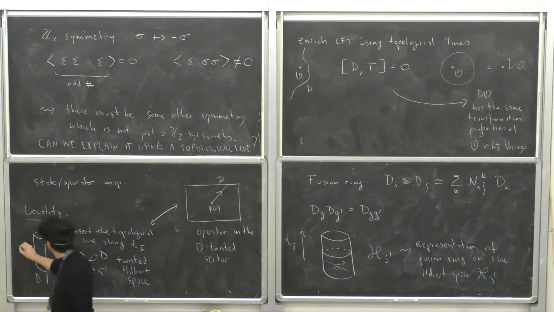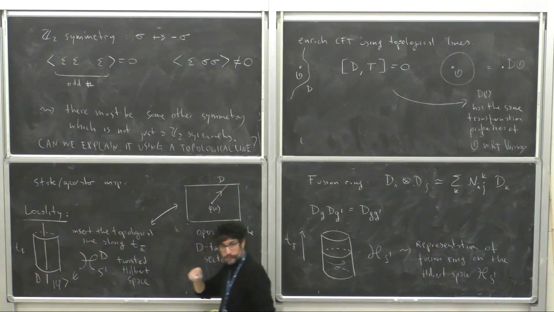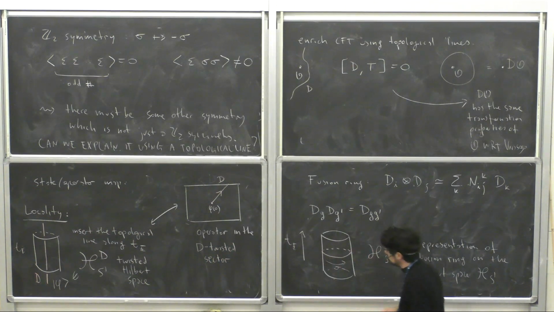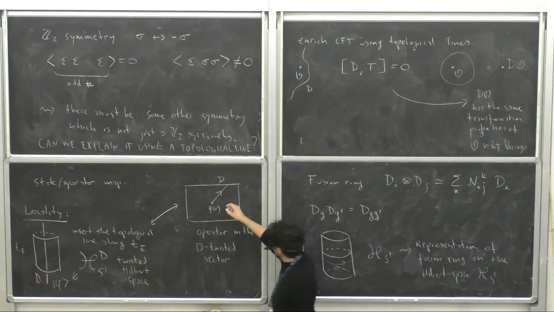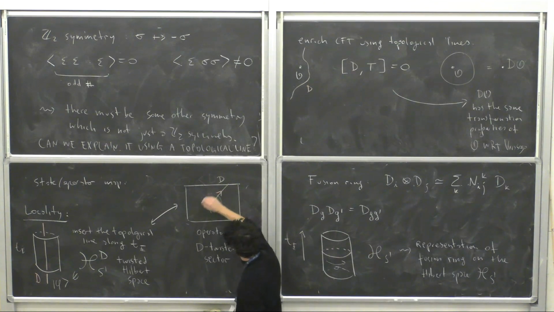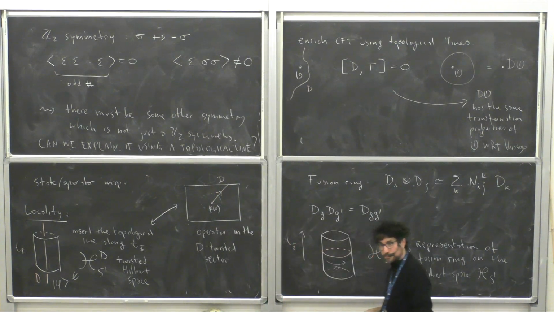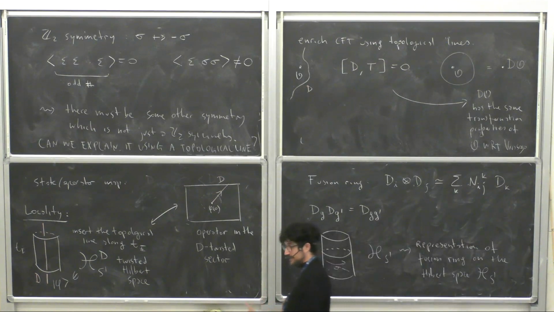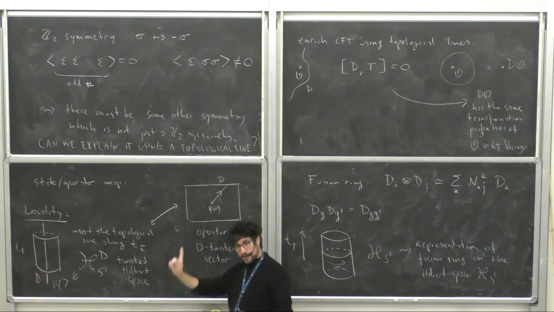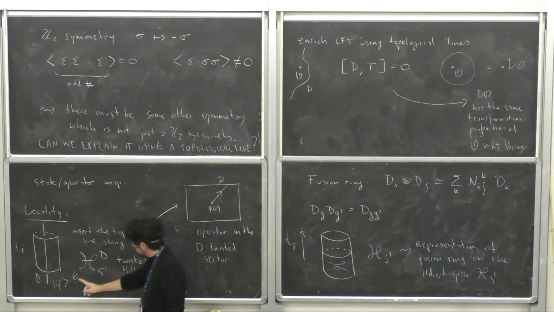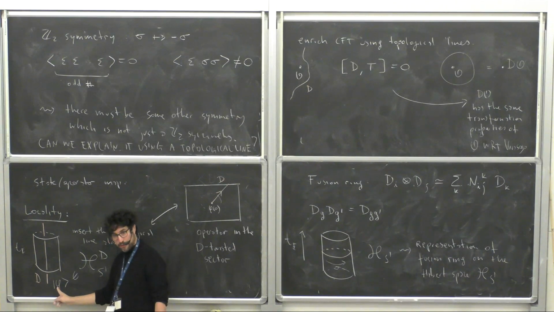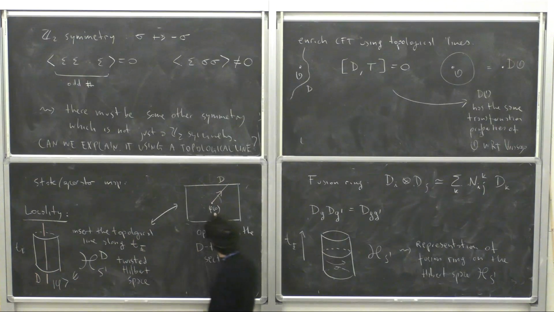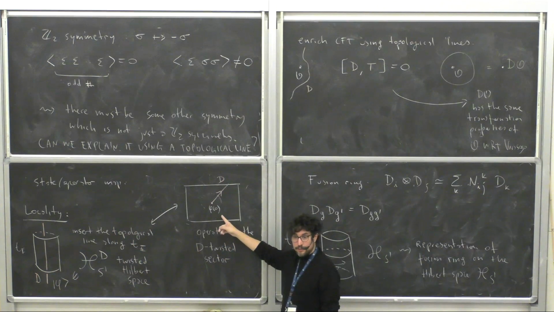Yes, this is our Euclidean time. We are inserting D along time, and this is essentially changing the type of boundary conditions that we have on the field when we go around it. So this is why we get this field in the twisted sector.